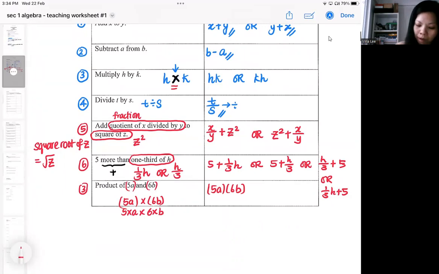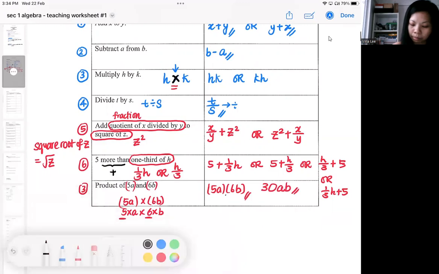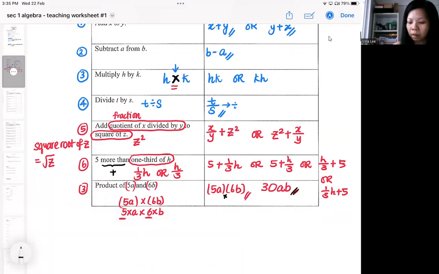If I do a simplified answer, 5 times 6 is 30. Then you multiply by A, multiply by B. So you can choose to give a simplified answer, or you can just choose a bracket 5A with a bracket 6B. That also represents a multiplication. But typically, I will just give 30AB. The multiplication is an invisible operation. So if you don't write a sign, like here, it actually represents multiply.